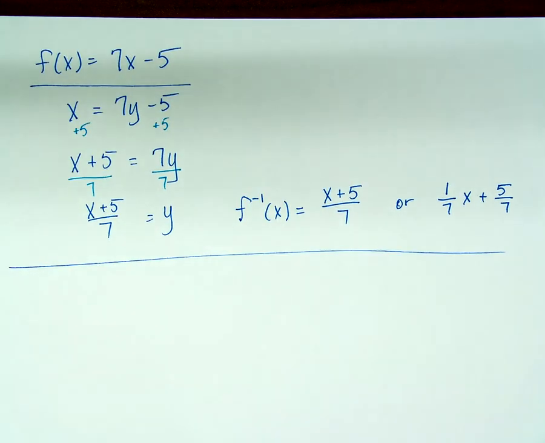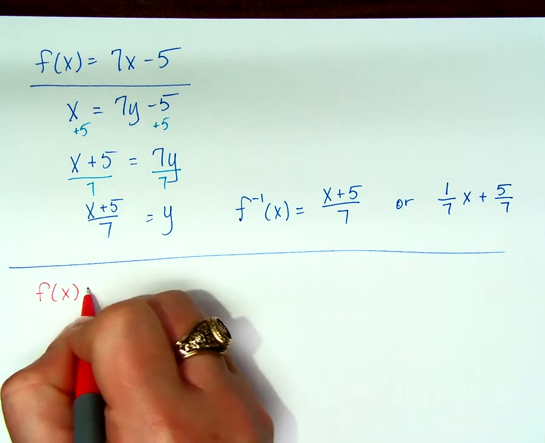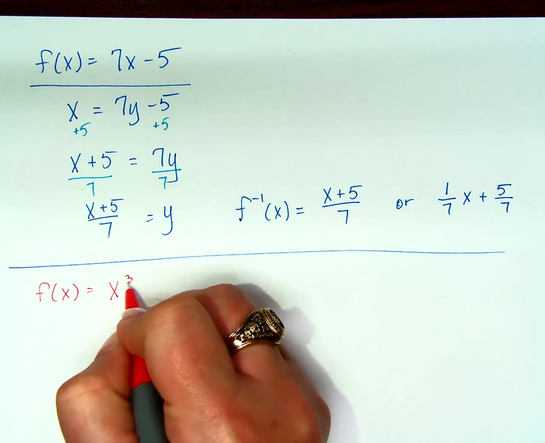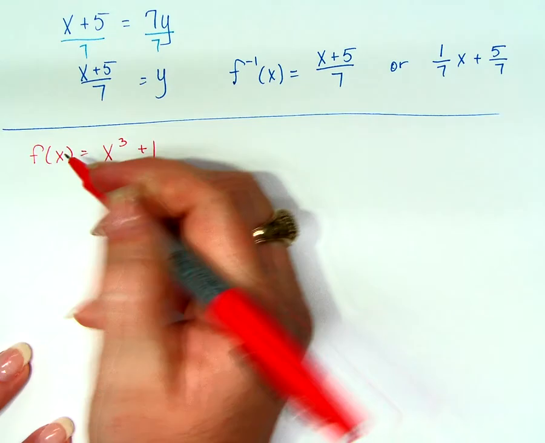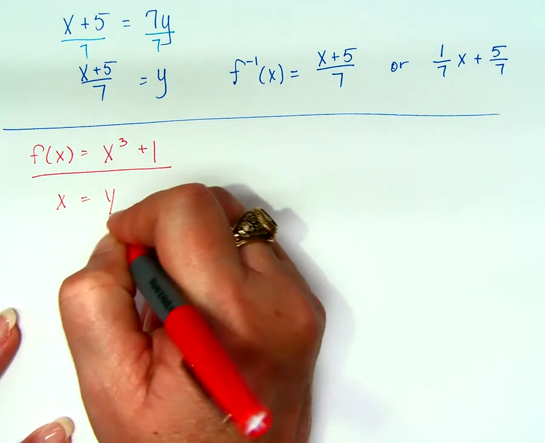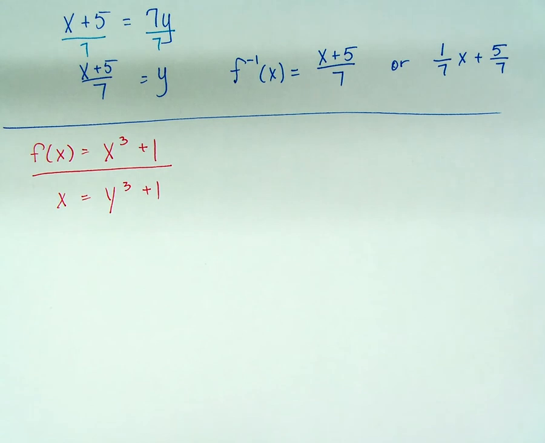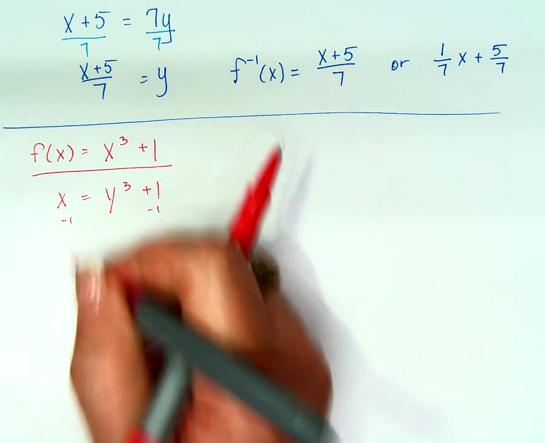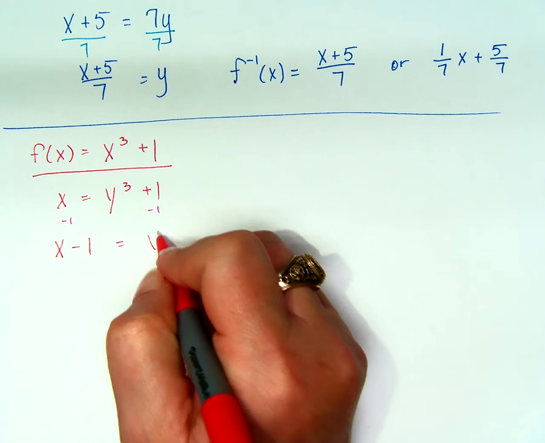So what happens if it's something more like f of x equals x to the third plus 1? Well, I'm going to switch x and y. x equals y to the third plus 1. Now I'm going to solve for y. So I'm going to subtract 1 from both sides. x minus 1 equals y to the third.